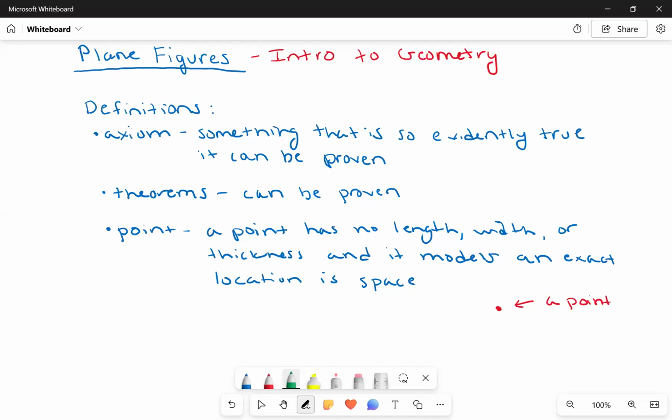So when I look around my room, I'm going to give this as an example: the corner where the ceiling and two walls meet.